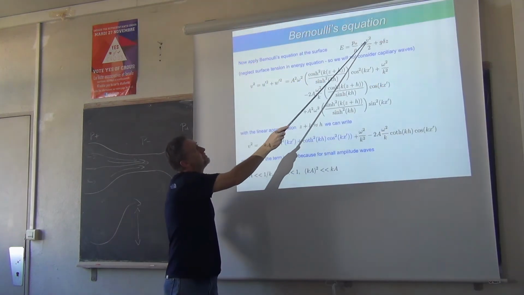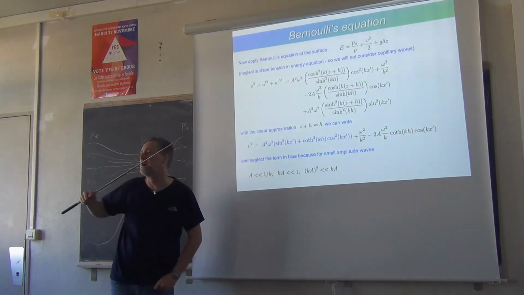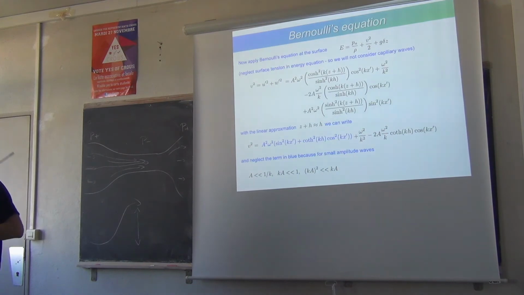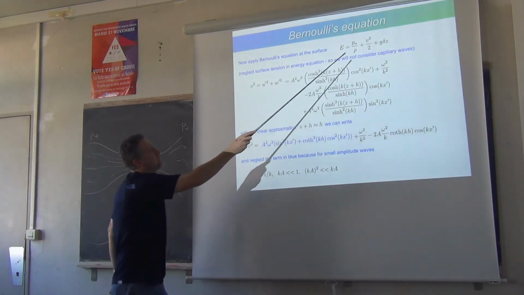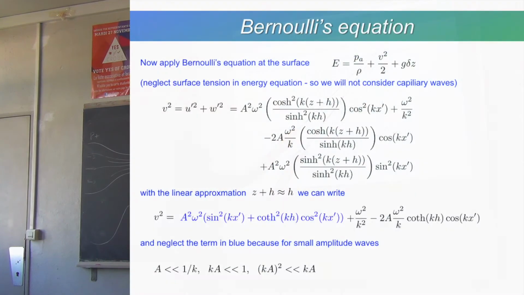V squared over 2. Now, V is the speed of the flow, which is what you get when you resolve u and w, okay? That's what I call V here. So that's just the kinetic energy. And then g delta z, that is, delta z is the displacement of the surface. It goes up and down with the wave.